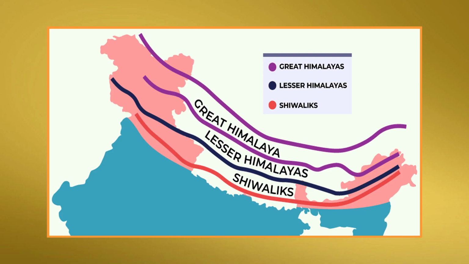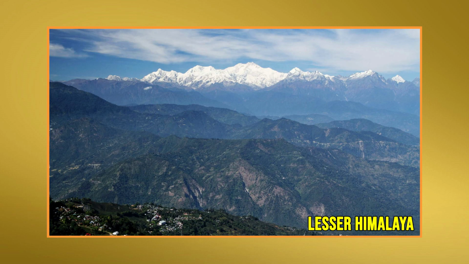These ranges vary a lot in height but are generally less than 3,050 meters above sea level. Some of their peaks rise to heights of even more than 4,570 meters, particularly branches closer to the Great Himalaya, and are also known as Himachal. The Lesser Himalaya are about 80 kilometers in breadth.